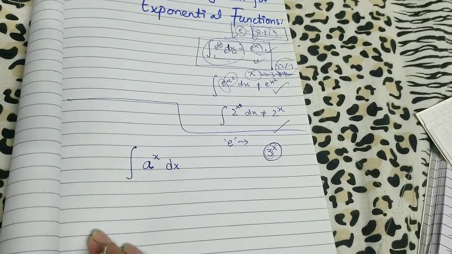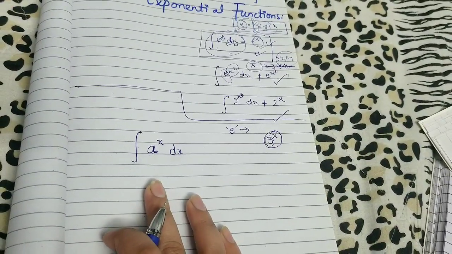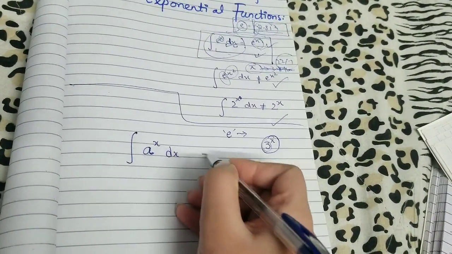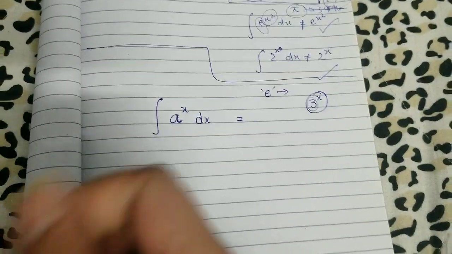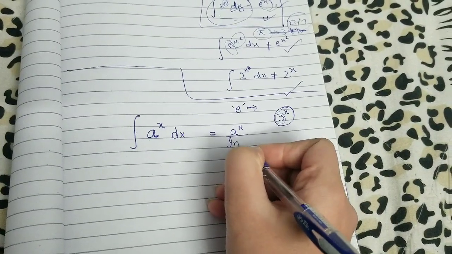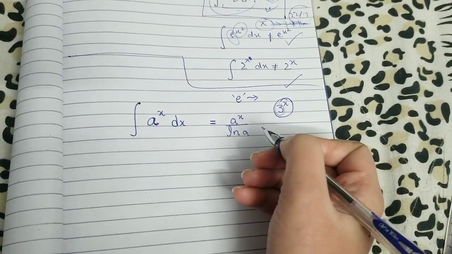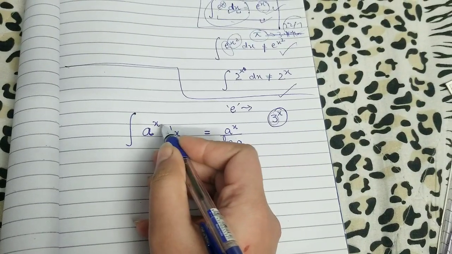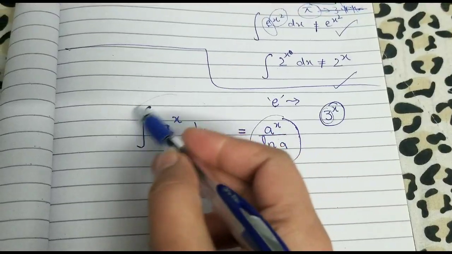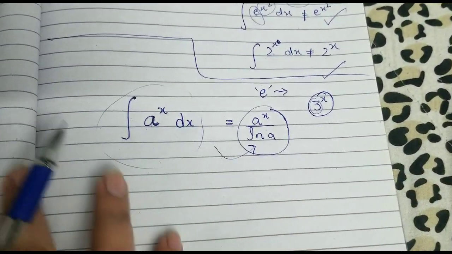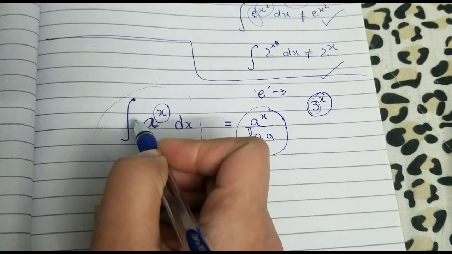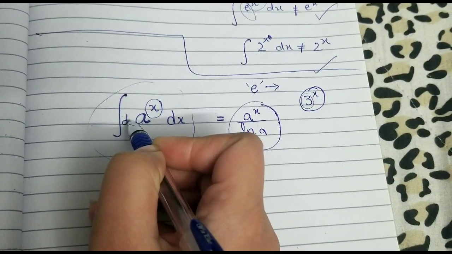Let us have this situation, then its integration would be equal to a to the power x divided by natural log of the base. This holds if and only if the derivative of its power appears here.